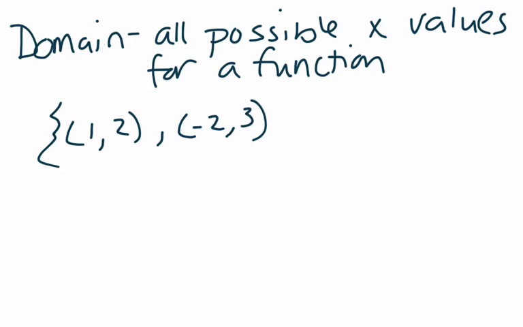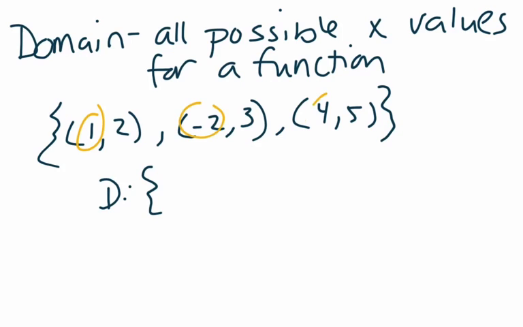Somebody would say to you, state the domain, and you would simply go through and find the individual x values. So you would say, okay, the domain is 1, -2, and 4. And that's pretty simple, except that most of our functions don't look like that.